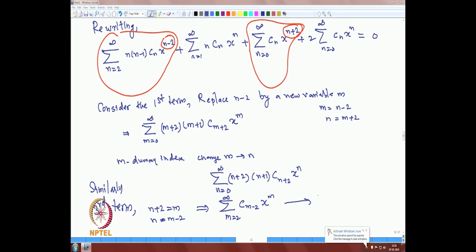So, therefore, we can plug back the n, this is n goes from 2 to infinity, C n minus 2 x to the power n. Okay, so now the index of all these terms is n with respect to n.